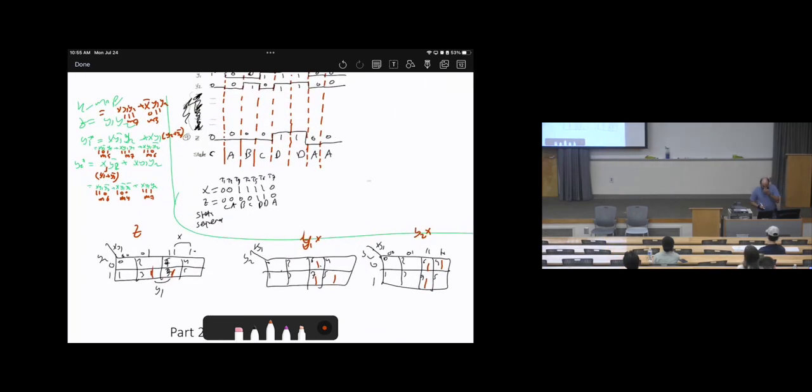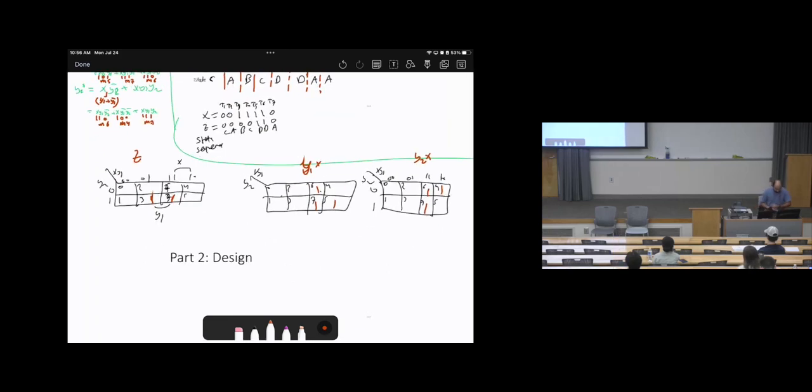Okay. So how can we make the problem easier, or how can we convert this into the state table? Let's construct the state table using the Mealy model. We have here present states, and here Y1 star, Y2 star.